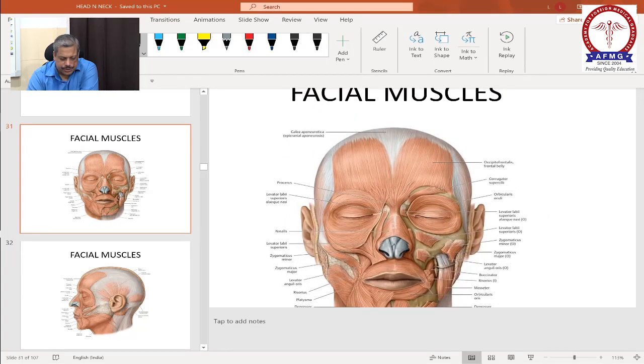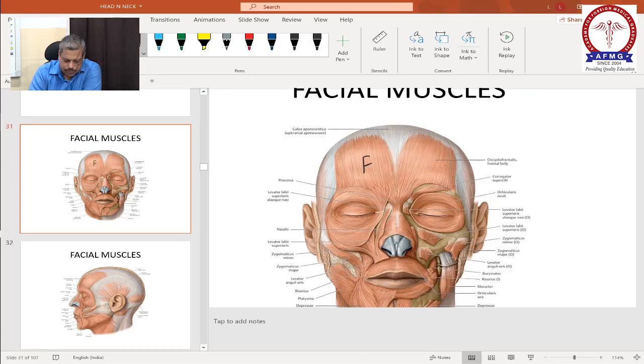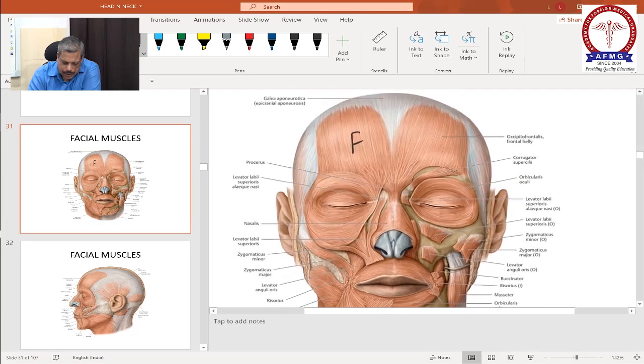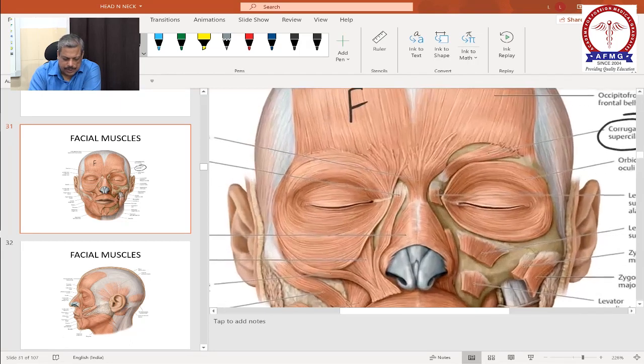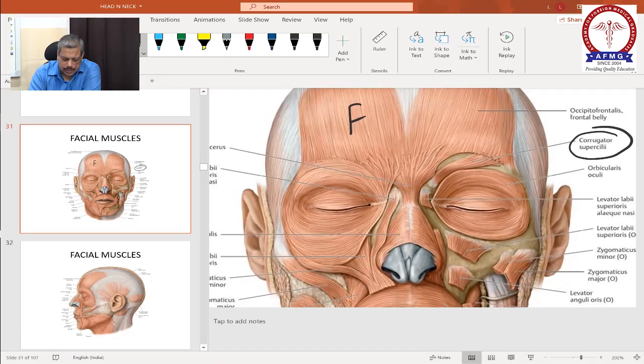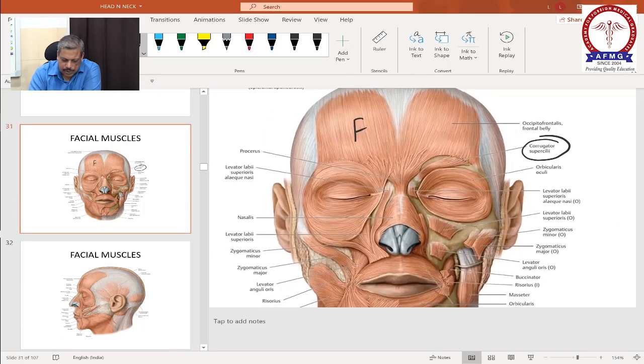Now see this image, identify the muscles. So this is the frontal belly of occipitofrontalis. Clear? Easy to identify. This is the galea aponeurotica. This important muscle is the corrugator supercilii muscle. Clear? This is corrugator supercilii.